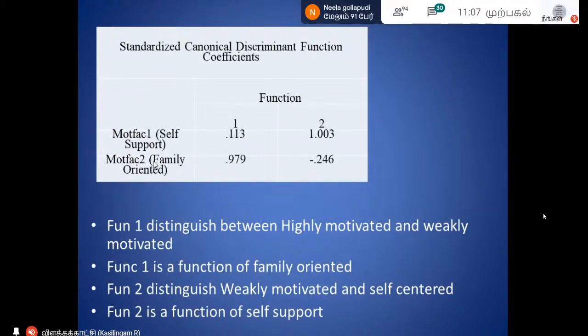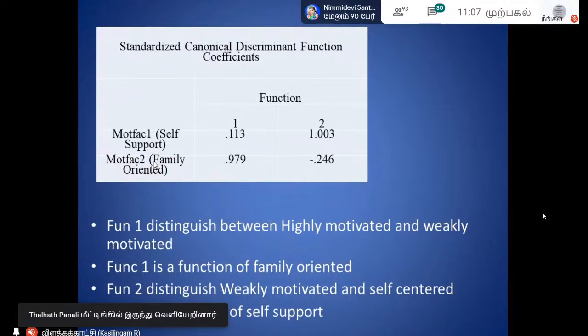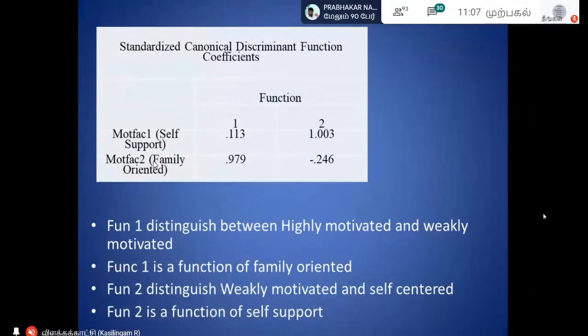Function 1 is a function of family-oriented, because its weight is larger. Like in a house where one person dominates, the others simply follow. So function 1 is a function of family-oriented. Now, what is function 1 doing?